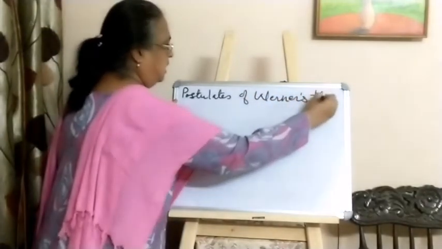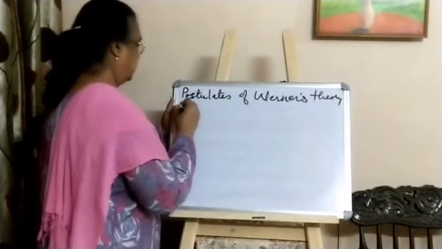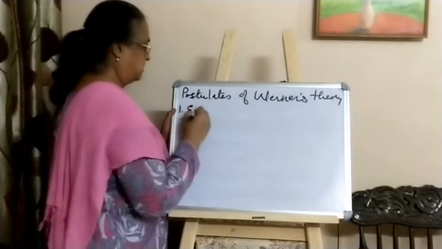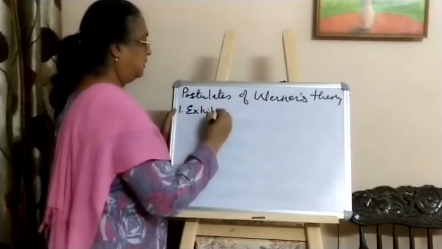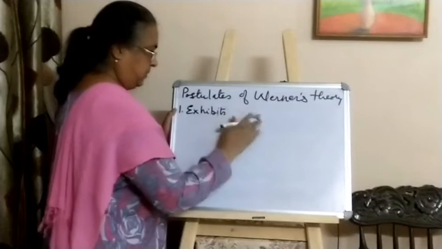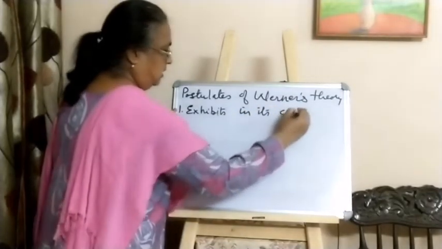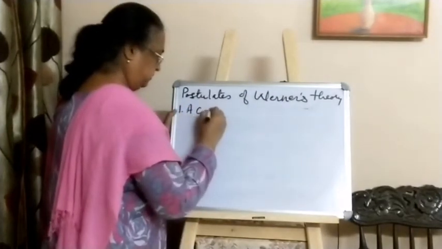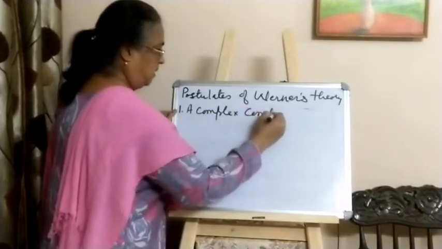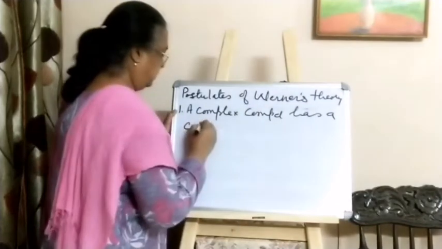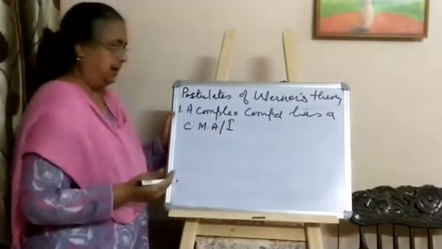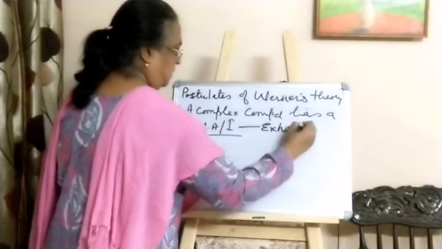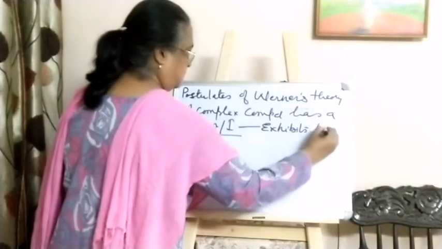The first postulate of Werner's theory is that a complex compound has a central metal atom or ion, as we have studied earlier, and this central metal atom or ion exhibits two types of valencies.